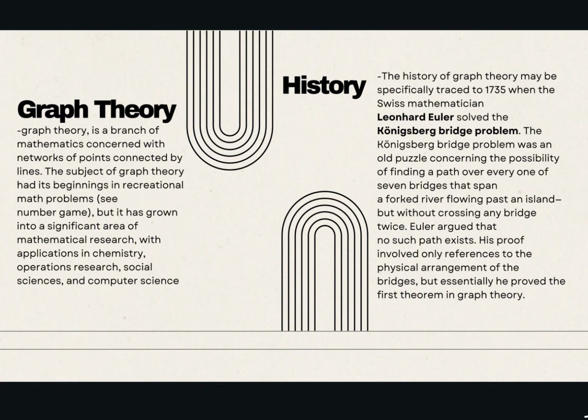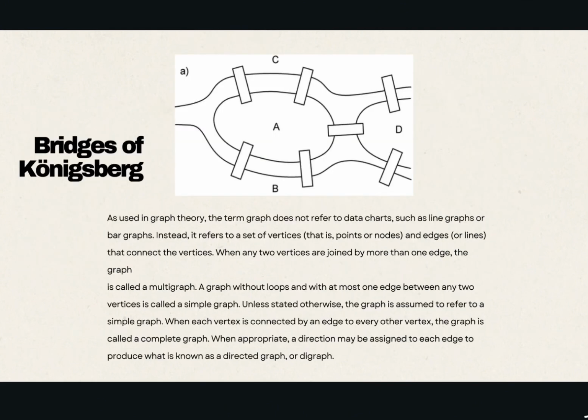Euler argued that no such path exists. His proof involved only references to the physical arrangement of the bridges, but essentially he proved the first theorem in graph theory. So here is the bridges of Königsberg illustration.